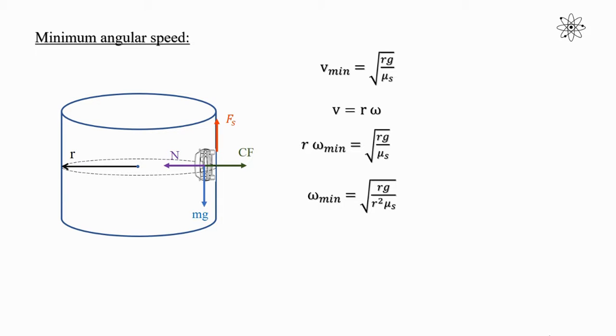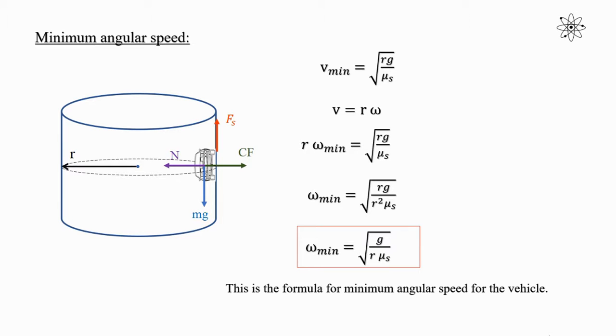So omega minimum is equal to under root of rg upon r square into mu s. Here, student, we transfer r into the denominator and take a square of that so that I can put it into the square root. So the final value, omega minimum, is equal to under root of g upon r into mu s. This is the formula for the minimum angular speed for the vehicle.